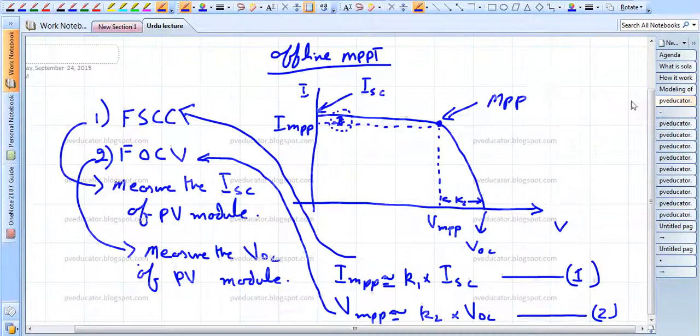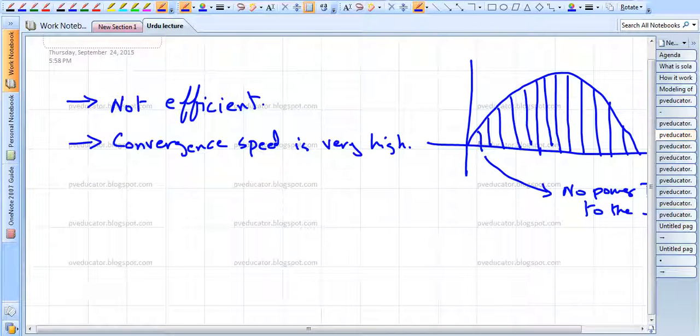So when you measure this, you start operating very near to this point, which is very close to the maximum power point. So this convergence speed is very fast. Even if we have a dynamic weather condition, and we still have these power losses incurred because of the periodic measurement of the short circuit current, the convergence speed is very high.